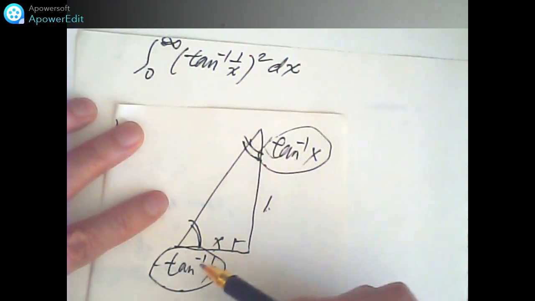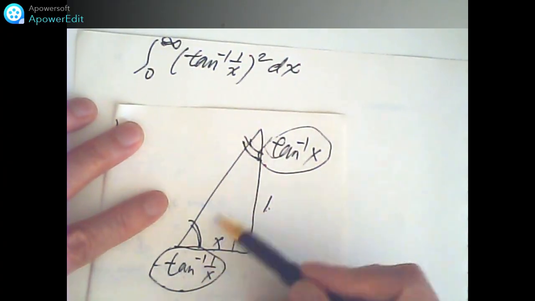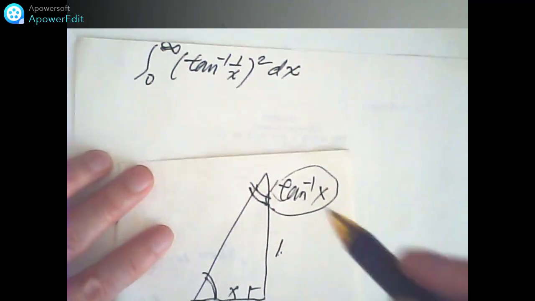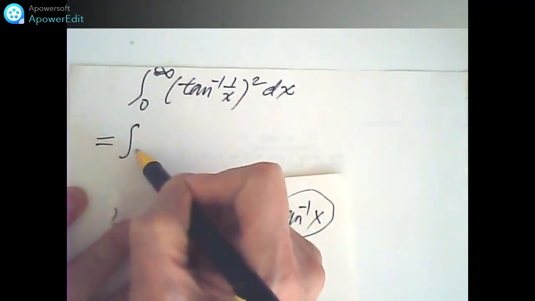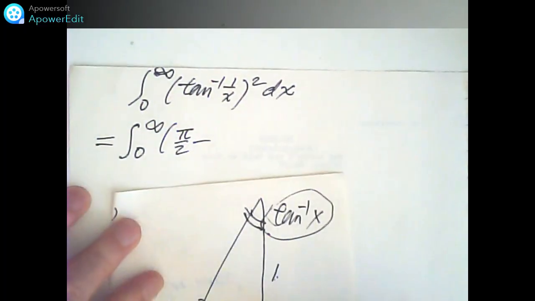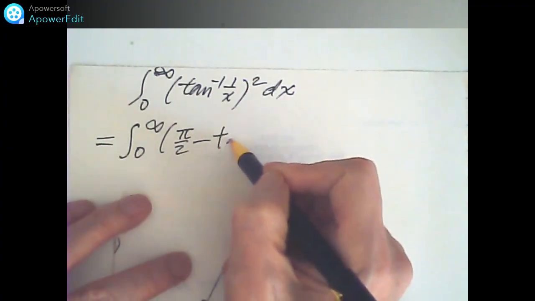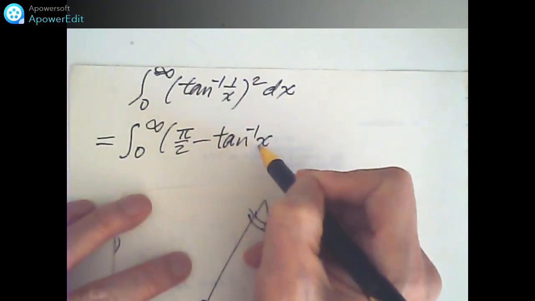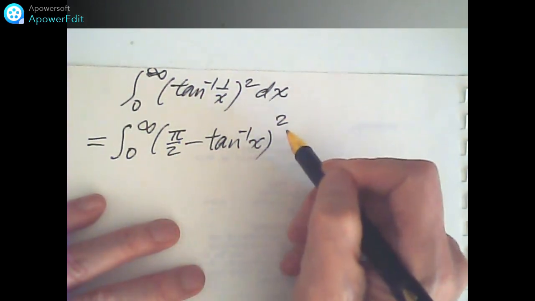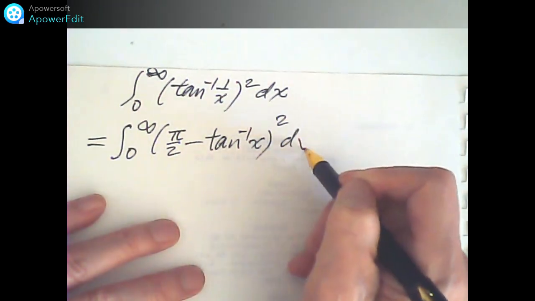In other words, these two angles sum to half pi. So I can write this one as half pi minus arctangent x, squared, dx.